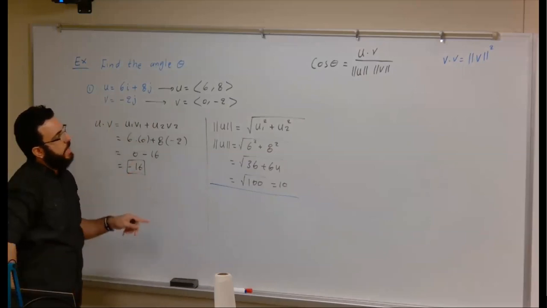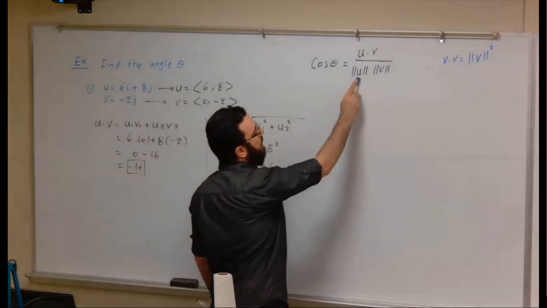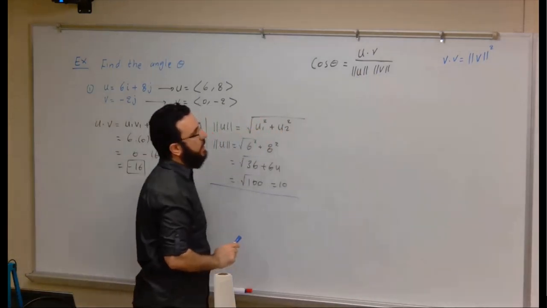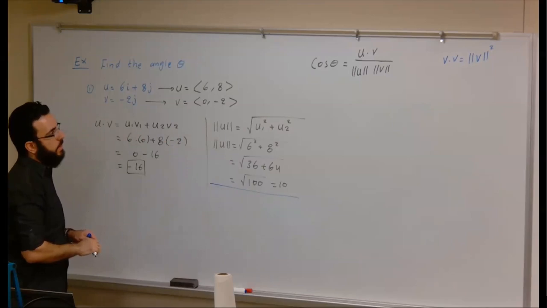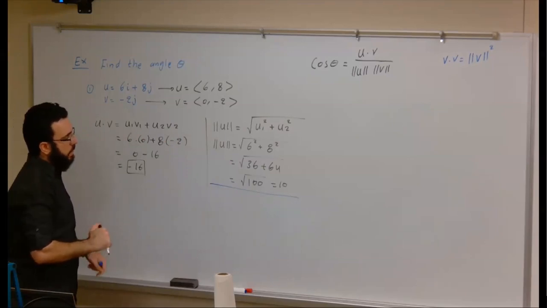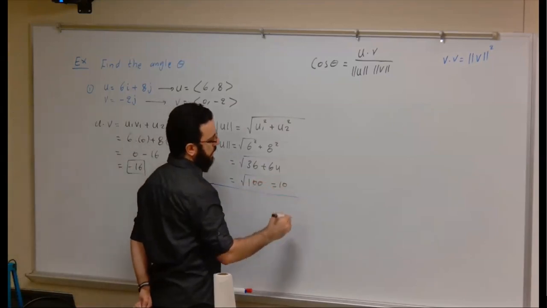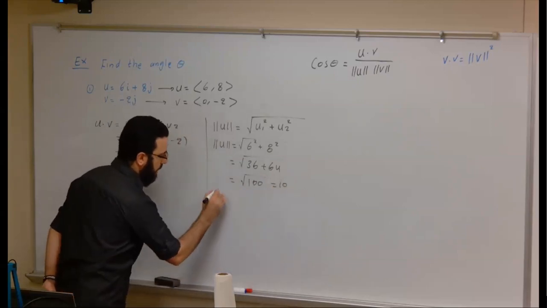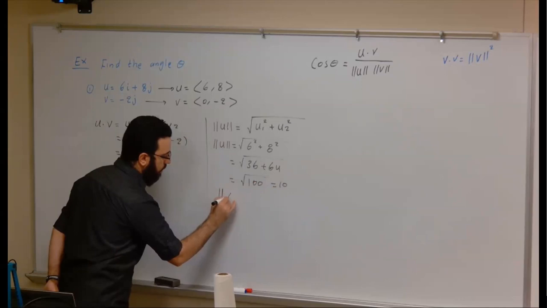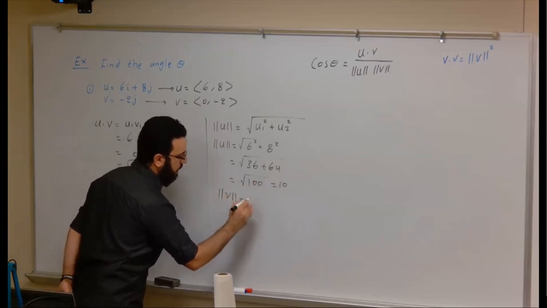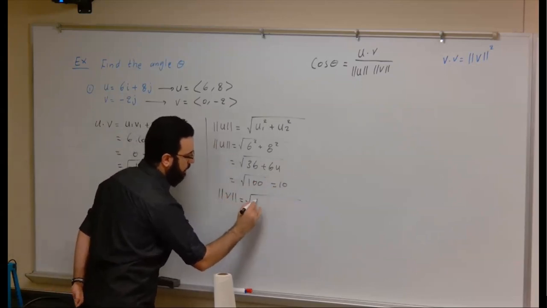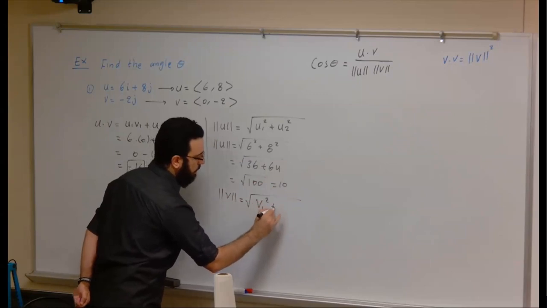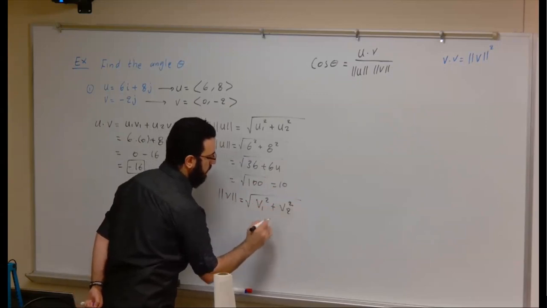What's the next step? I have the length of U, I'm gonna find the length of V. The length of V is going to be square root of V1 squared plus V2 squared.